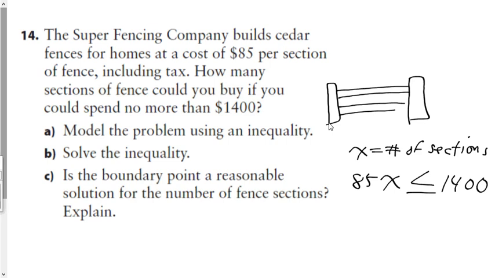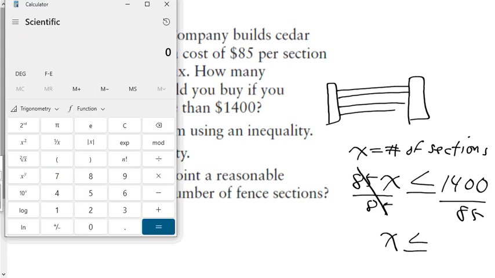Okay? So once we've set that up, we're going to divide both sides by our coefficient of 85. Don't flip the sign because it's a positive value. $1,400 divided by $85 per. Now, here's a good question. Since they don't sell partial fence sections, do I buy 17 of them or do I buy 16 of them? 16 of them is correct.